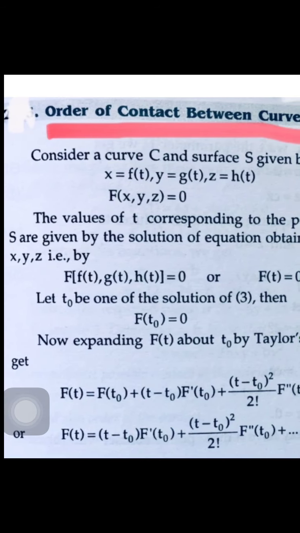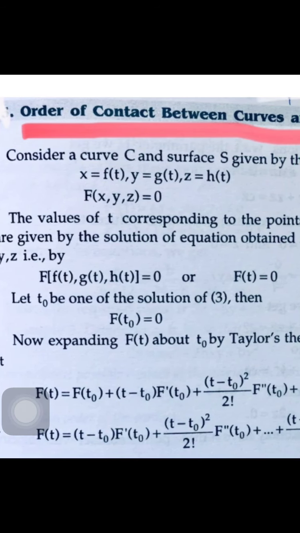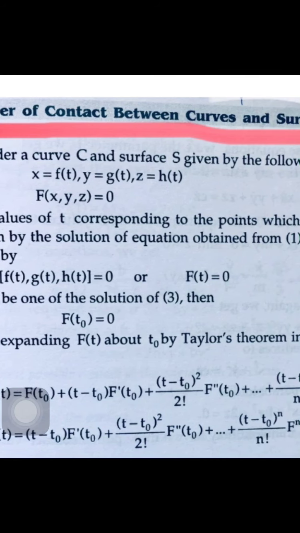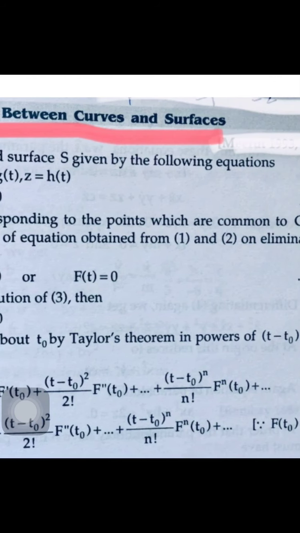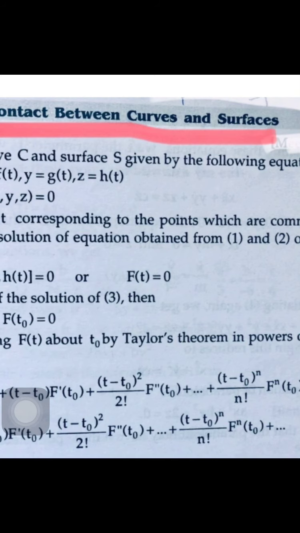So we get F(t) equals F(t0) plus (t minus t0) times the first derivative at t0, and so on up to the nth term, by using Taylor's theorem. What we are getting here is F(t) in terms of the derivatives F'(t), F''(t) up to F^n(t). Now we have already seen that if t0 is the solution, then F(t0) equals 0, so the first term is 0.